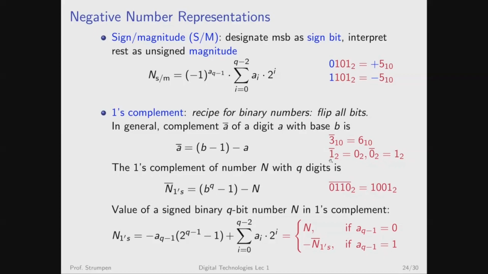Right? And these are all the cases we have in binary numbers. We have 2 bits, 0 and 1. And observe, computing the complement of a bit simply means toggling the bit, right? Flipping the bit from 1 to 0 and from 0 to 1. That is an easy operation even to implement in hardware, right?